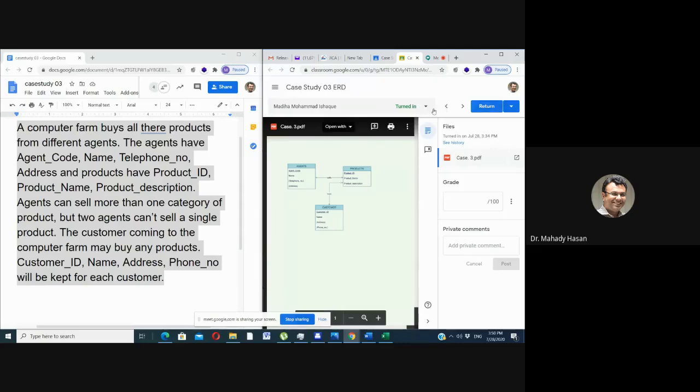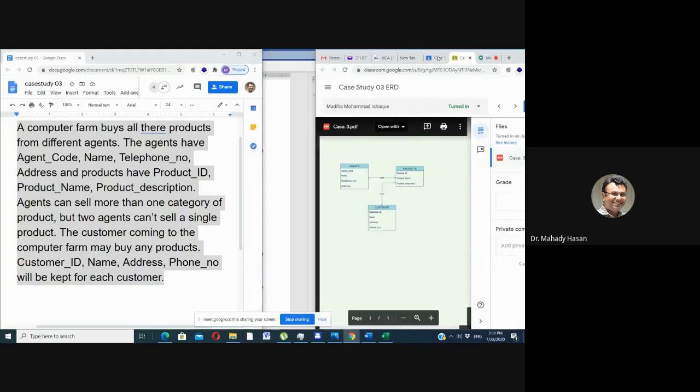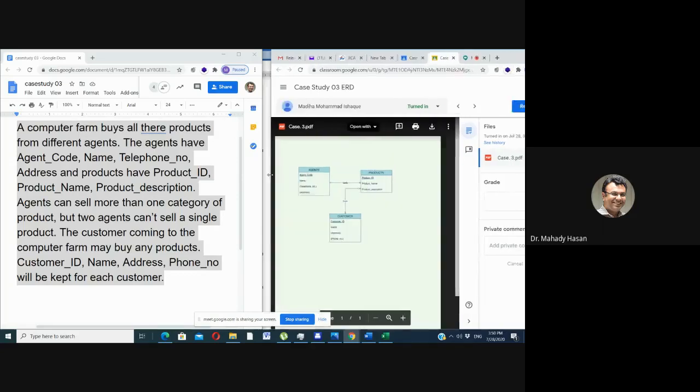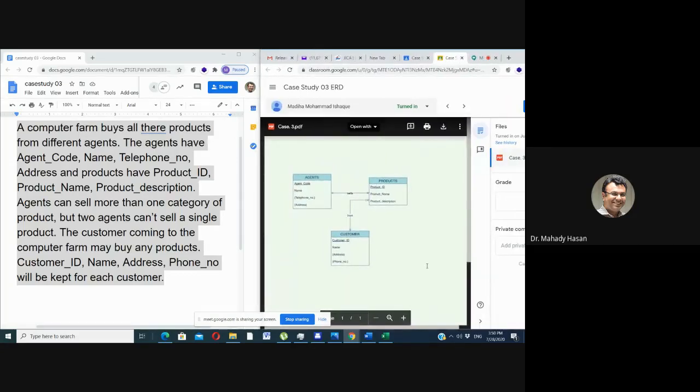So in the solution part, let me just go through the case study and discuss. Then basically we will get back to the ER diagram. The case study mentions the computer farm buys all their products from different agents.